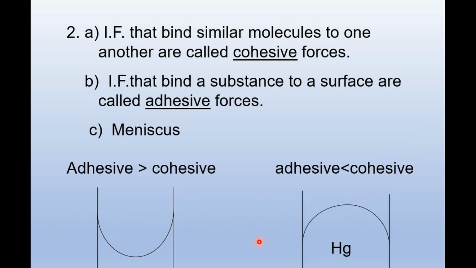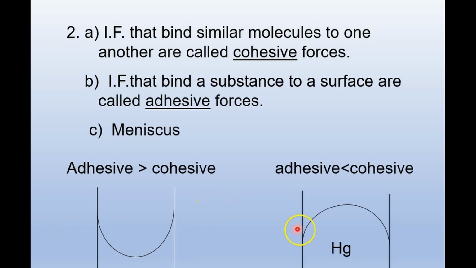Glass is silicon dioxide, and for whatever reason, water and glass have an attraction for each other called adhesive, and it's greater than cohesive. So we see a meniscus like this, and this is due to that surface tension phenomenon we just saw earlier. It's being attracted to the sides, and the molecules on the surface are being pulled down by being attracted to the other molecules right below the surface, and it stretches and has this shape.